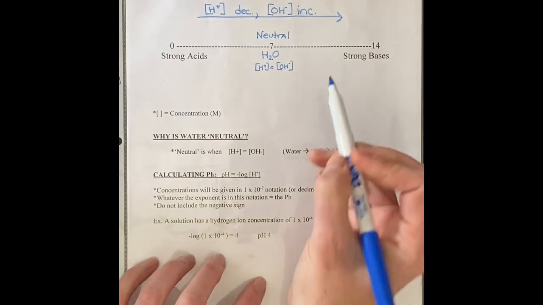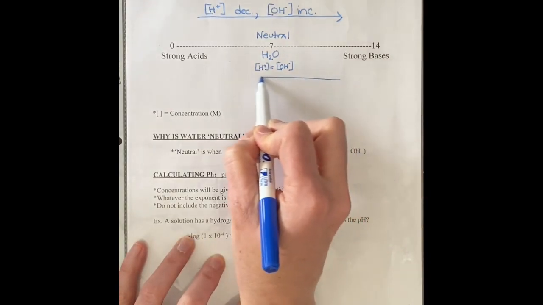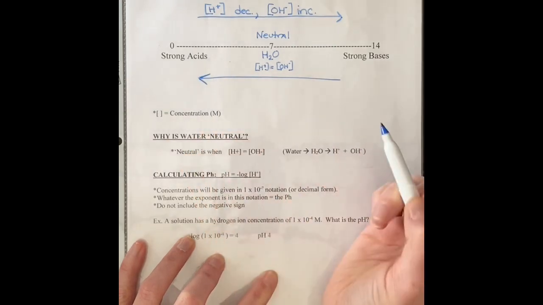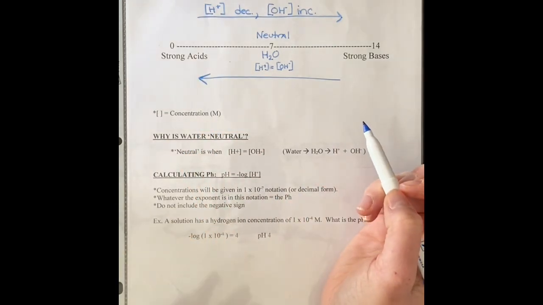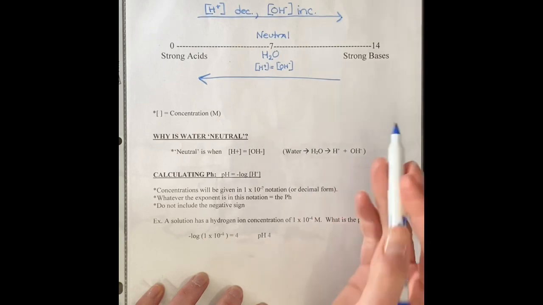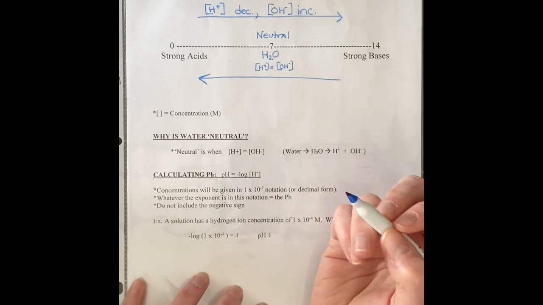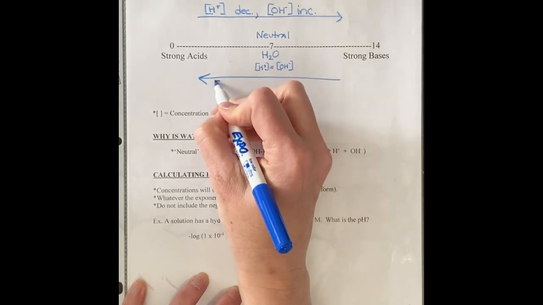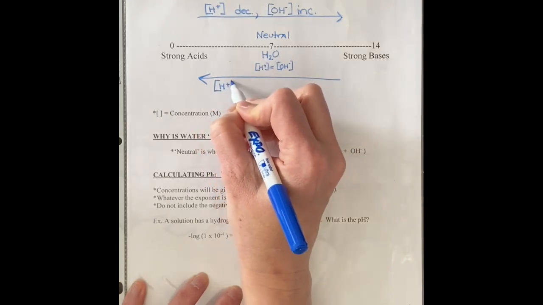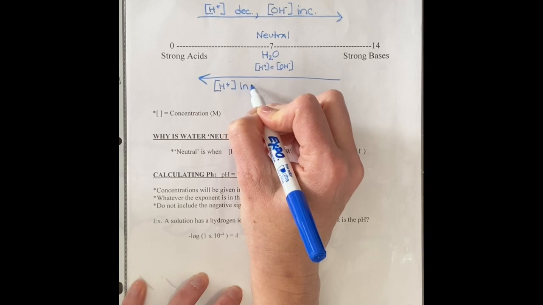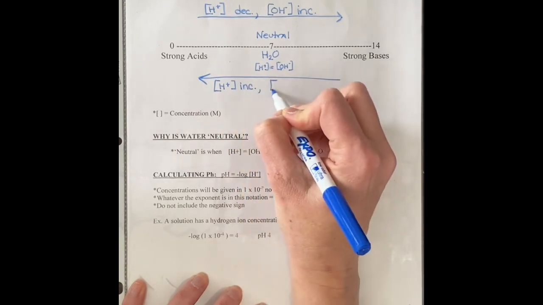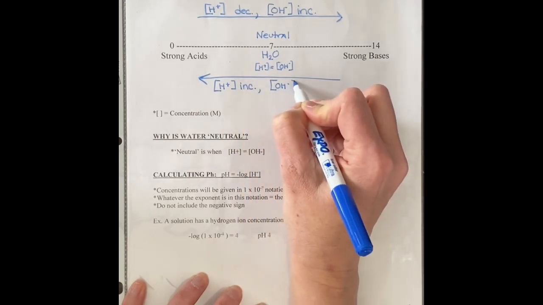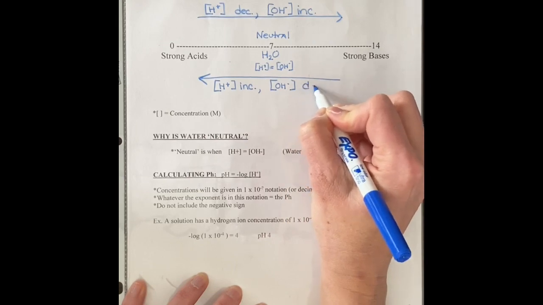Then on the other side, we're going in the other direction. If I had a whole bunch of solutions lined up and their pHs are getting lower and lower, that tells me that with each of those solutions, the hydrogen ion concentration will be increasing and the hydroxide concentration will be decreasing.